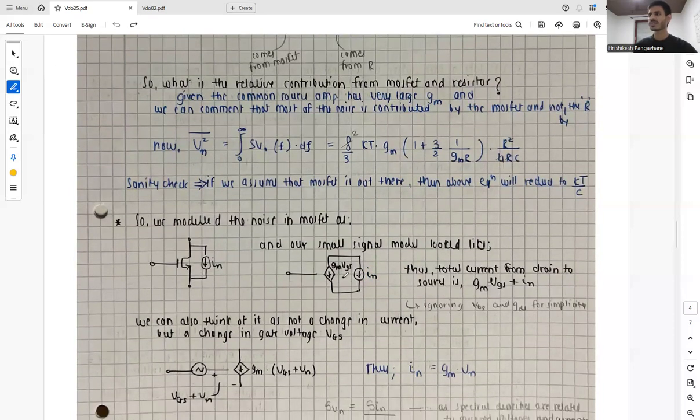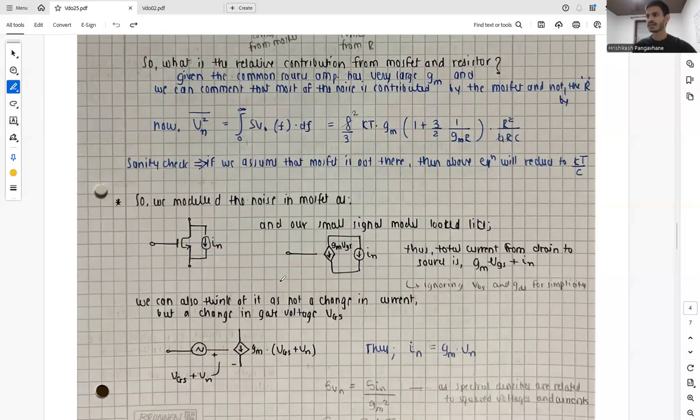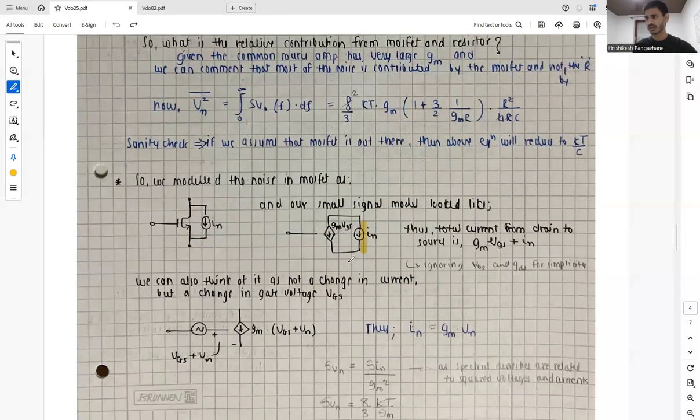Alternatively, we can think of it not as a change in current but as a change in gate voltage VGS. So at the gate we have some change Vn in the gate voltage, and that's why we are getting a change in current.